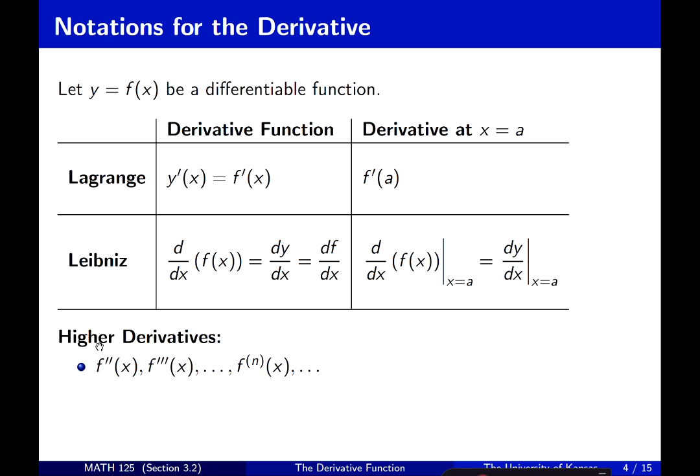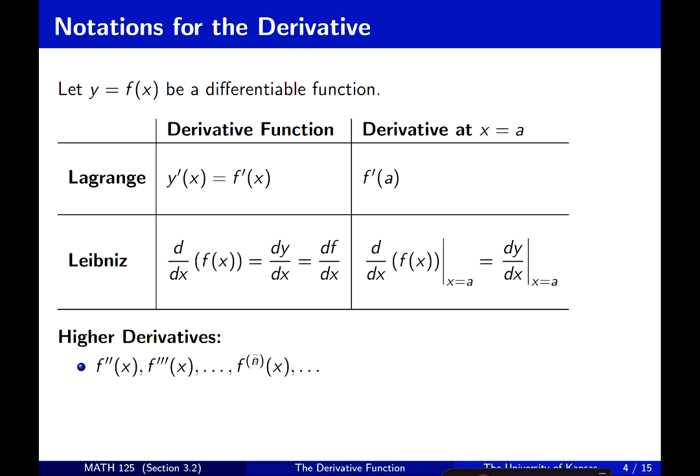So for higher derivatives, if you're taking the derivative twice with the Lagrange notation, you write f double prime of x. Because we just defined that there's a derivative function, we can take one derivative, then a second derivative, then a third derivative.